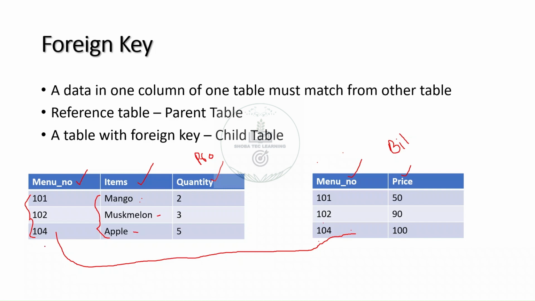Now just imagine that in this billing session they are considering menu number 105. You are not taking 105. For example, for this 105 I am taking the fruit banana, and for the reason I am just mentioning B. They are billing that banana also, but you are not taking bananas in this menu.